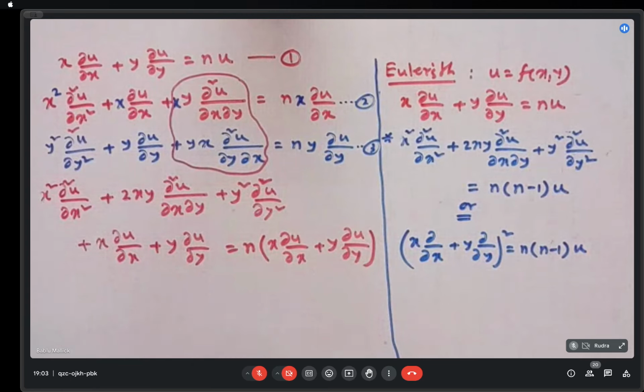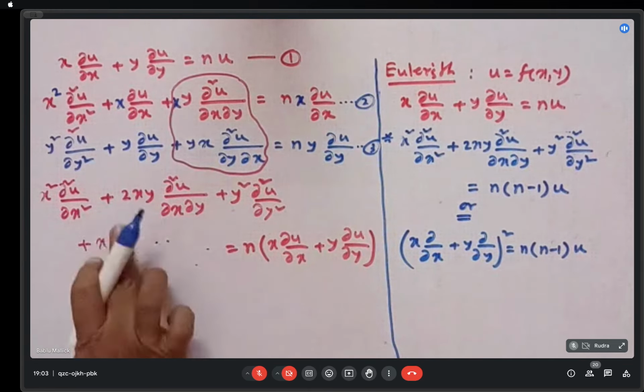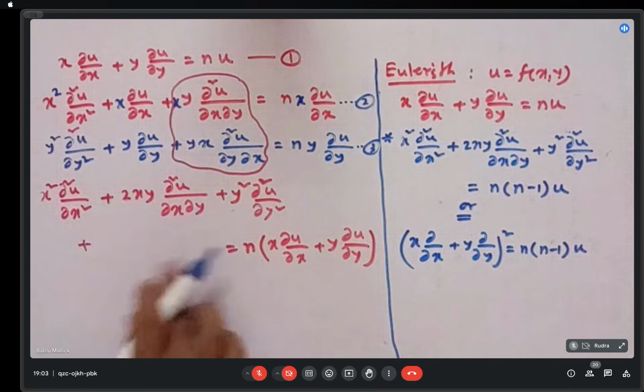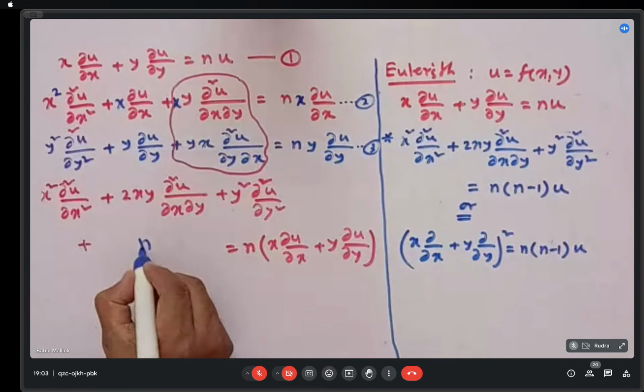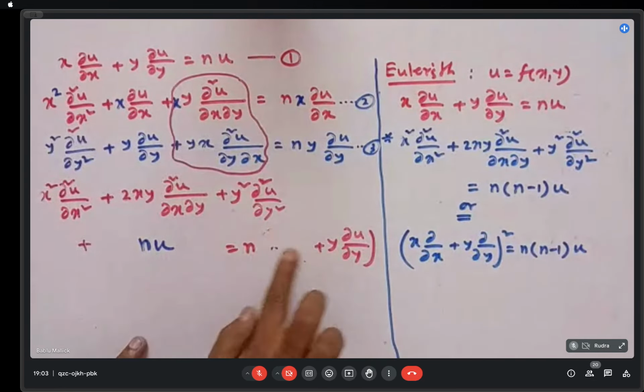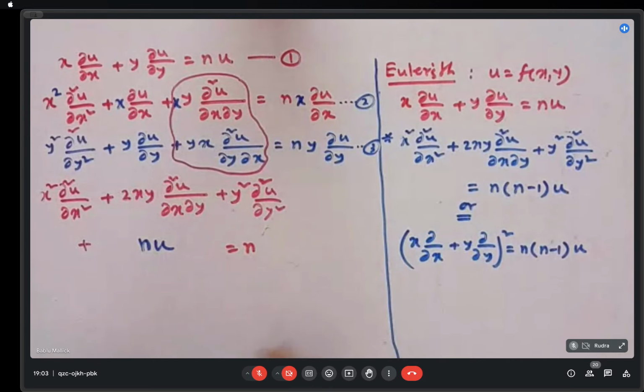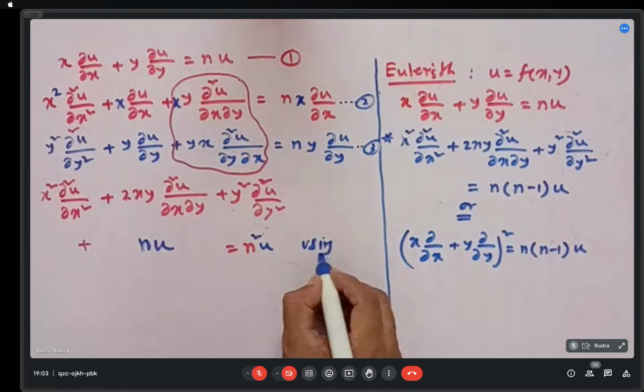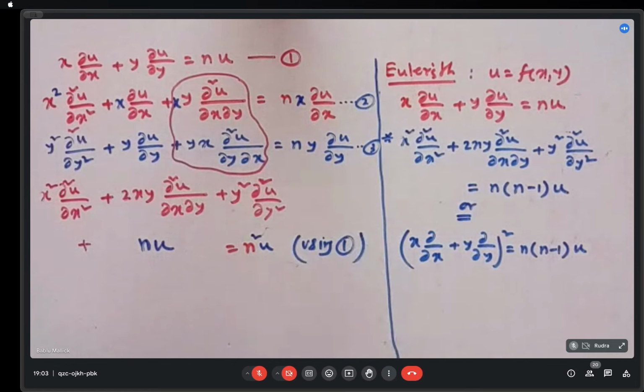I shall use here Euler's result. We have already done. See, next line write: this x into del u del x plus y into del u del y is equal to n into u, and similarly right hand side will become n square u. Using 1 we are getting this.